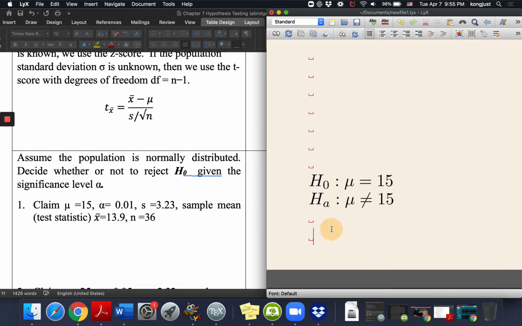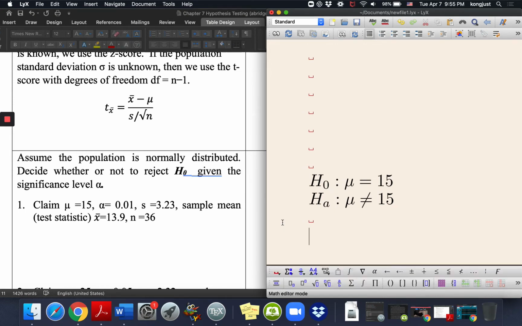Okay, so now that I have that, what else do I need? I have alpha equal to 0.01. S is equal to 3.23, the sample standard deviation. We have the sample mean x bar, and we have n equal to 36. What I do need to know, and don't know yet, is the t-score.